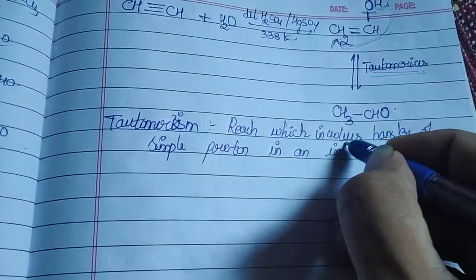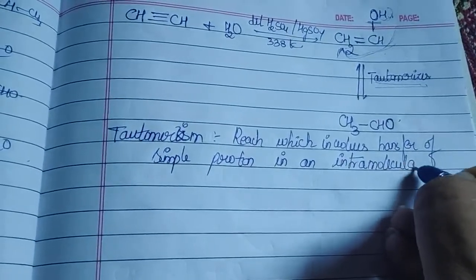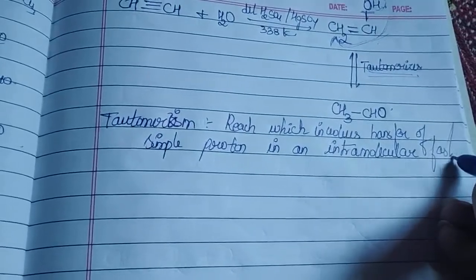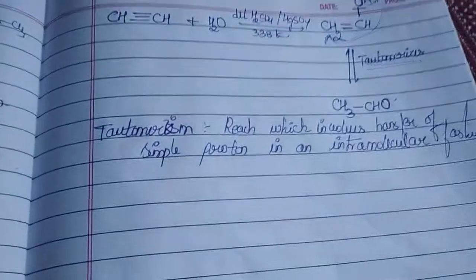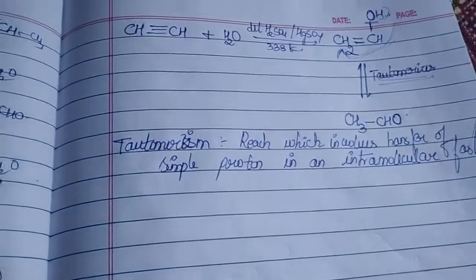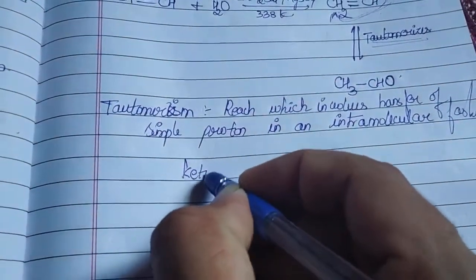Mark my words, intramolecular means within the molecule itself. One of the finest and most viewed tautomerisms is keto-enol tautomerism.